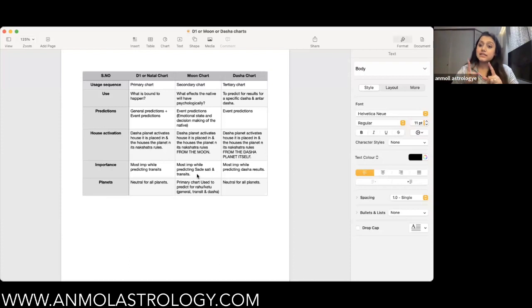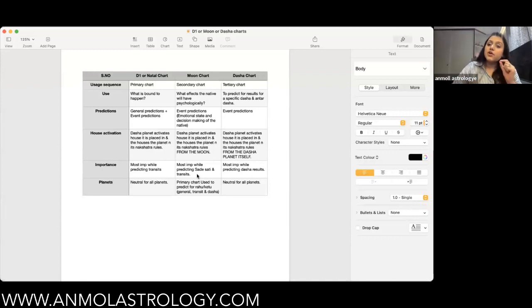But since Sadesati happens when Saturn travels a house before the moon, over the moon, and a house after the moon, that's why the moon is important in Sadesati. That's why the results from a moon chart can be easily and accurately guessed for Sadesati.